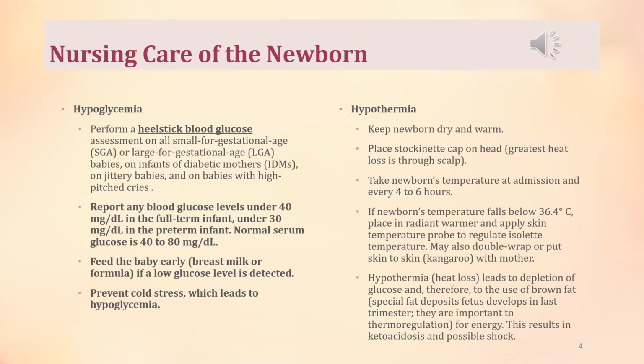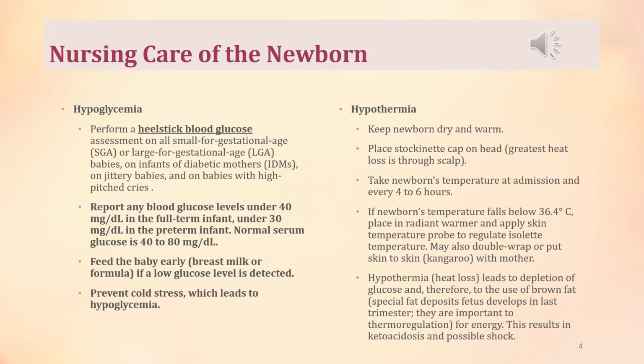Okay, so we're going to take baby's temp when they are born, and then again every 4 to 6 hours, unless we feel like baby is either cool or too hot. If baby's temp goes below 36.5, we'll put baby in a radiant warmer.